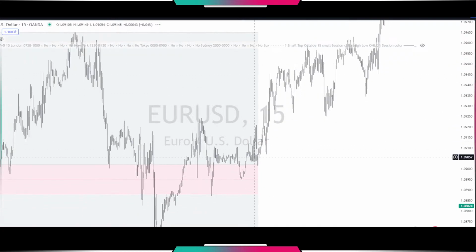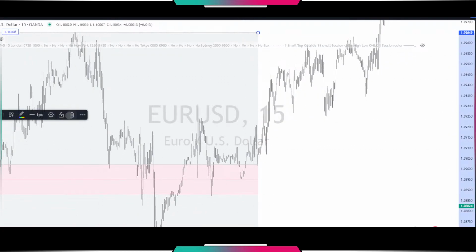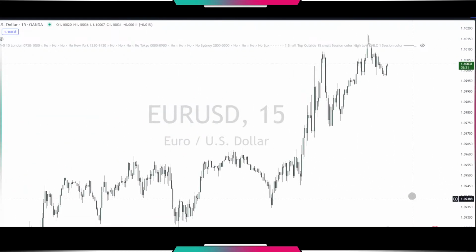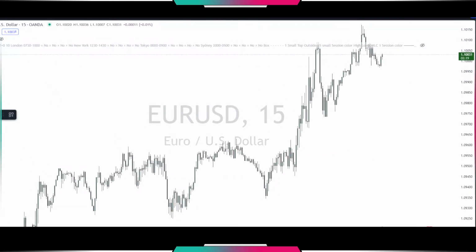Yeah, here it is, Euro USD. I saw this. These relative equal highs were taken, and these equal lows were taken. First it took the highs, opposite to the US dollar, then it took the lows.